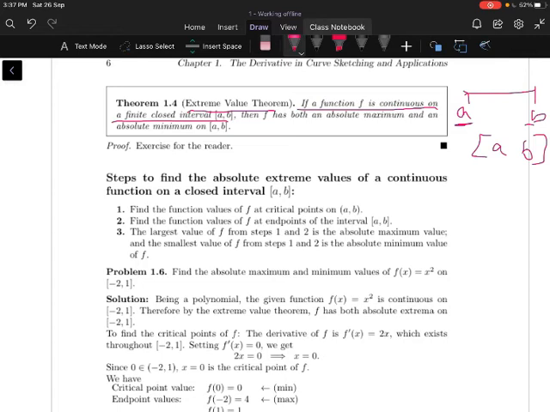That is called the closed interval a comma b. Then f has both an absolute maximum and an absolute minimum on the interval a b. So the extreme value theorem says that if the function f is continuous on a closed interval a b, definitely the function has both an absolute maximum value as well as an absolute minimum value.